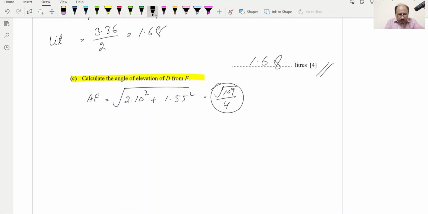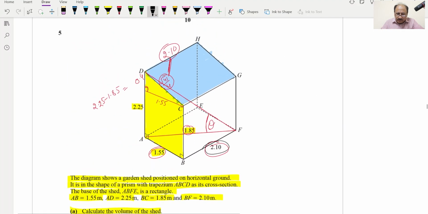Now we know that in this triangle AFD, AD over AF, AD is opposite and AF is adjacent, so opposite over adjacent is tan theta.